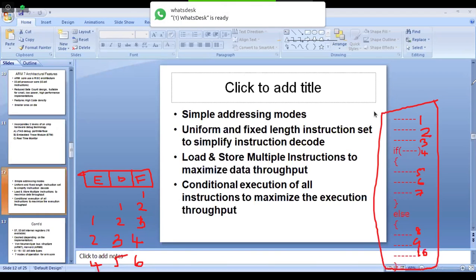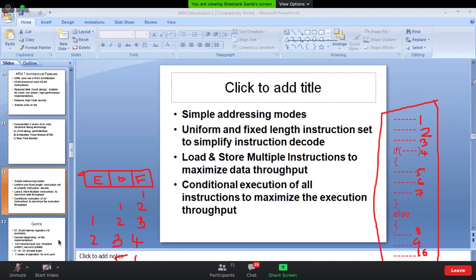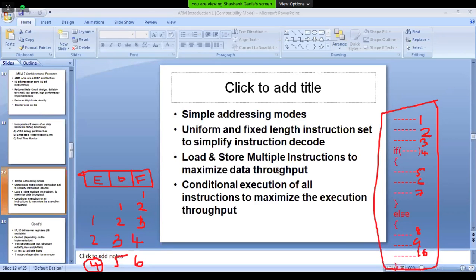What we mean by improving on the negative impact through conditional execution is, even though this instruction's condition fails, let instruction 5 go to the execution state and execute as a NOP, no operation. At the same time, the sixth instruction comes into the decode state, and the eighth instruction comes into the fetch state.